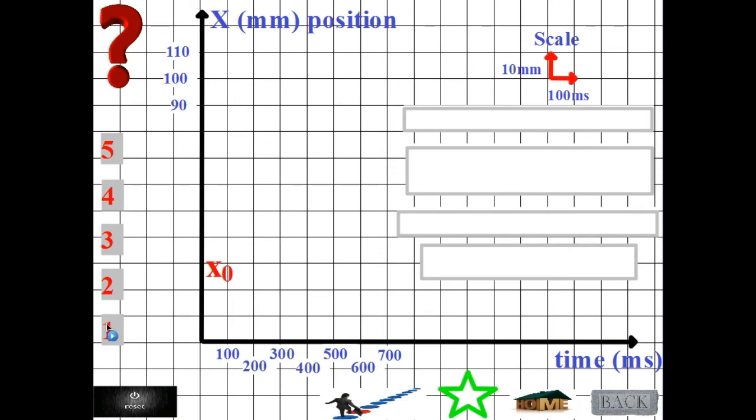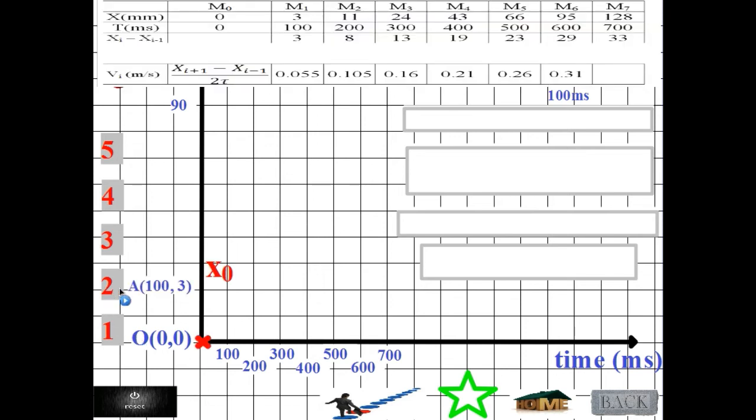Now, the last graph is for x, the position. If we take the values from the table also: first 0, 0; second, at 100 milliseconds, 3 millimeters; third, 200 milliseconds, 11 millimeters; and 695 millimeters.